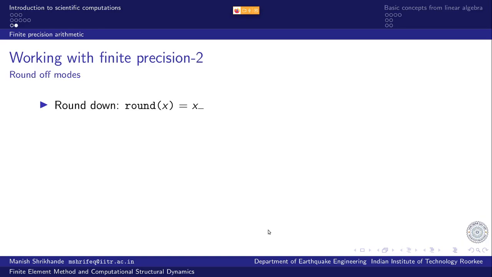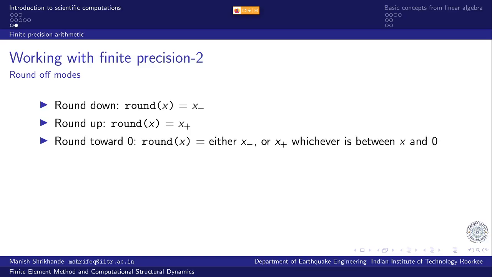So there can be different modes of round off. We can round to the lower number, or round up to the higher number, or we can have round to 0, which makes it round down if we are looking at the positive number side, or round up if you are looking at a negative number.